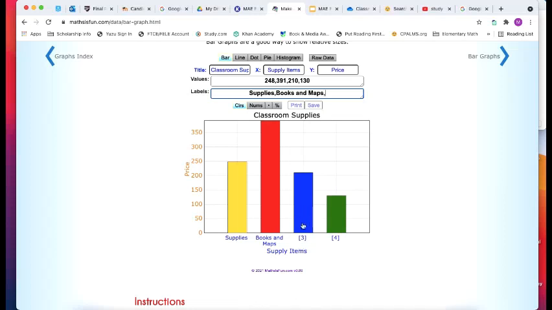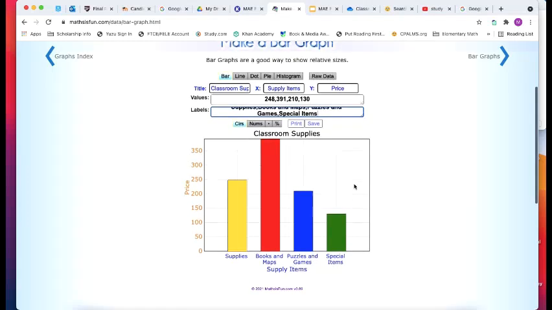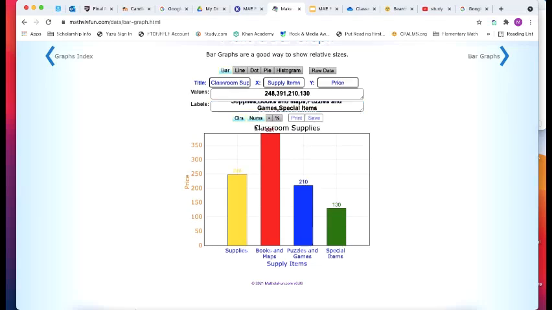The blue one, which is number 3, is going to be our puzzles and games. And our last one, number 4, which is our green, is going to be our special items. Okay, now we can show our numbers.